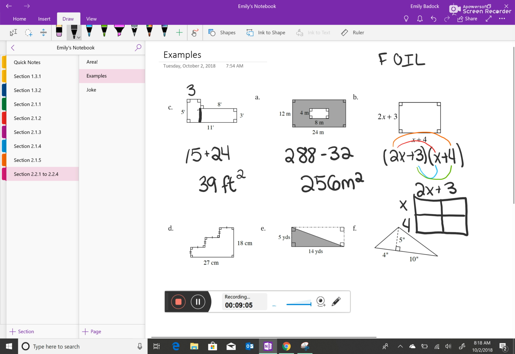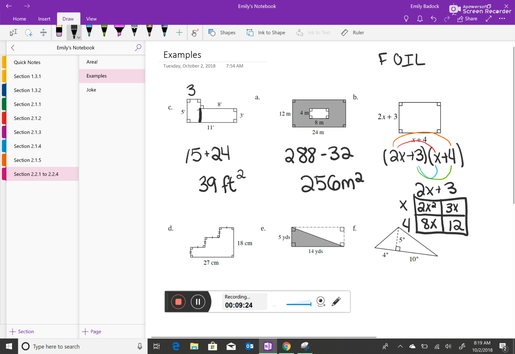So I have 2x times x gives me 2x squared. I come over to this box, I have 3 times x, which is 3x, 2x times 4, which is 8x, and 4 times 3, which is 12.